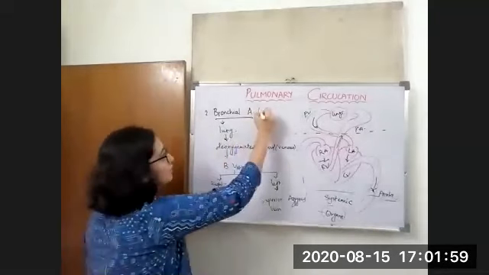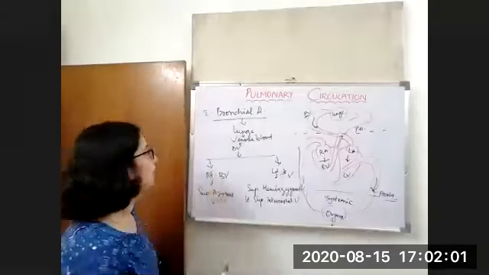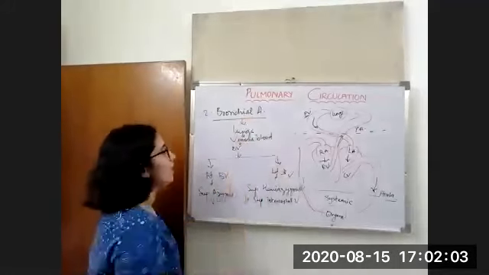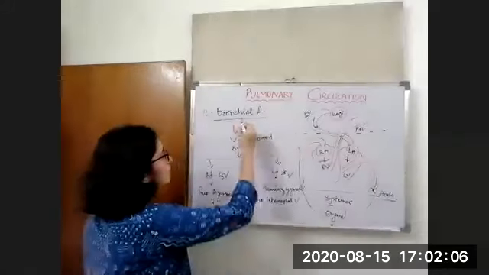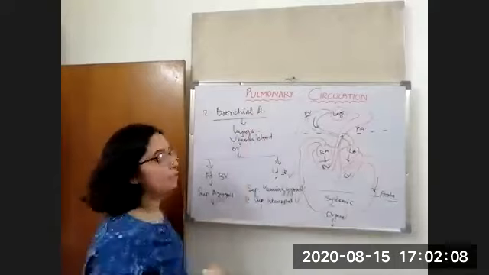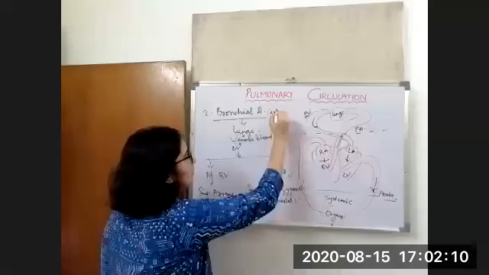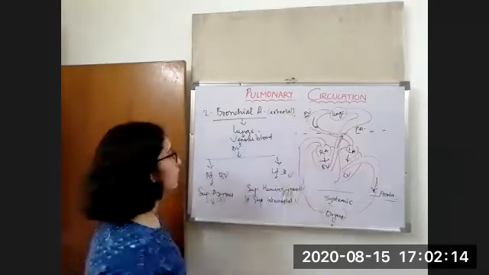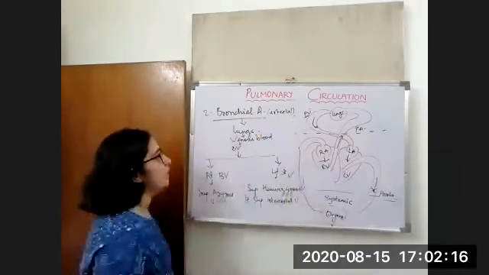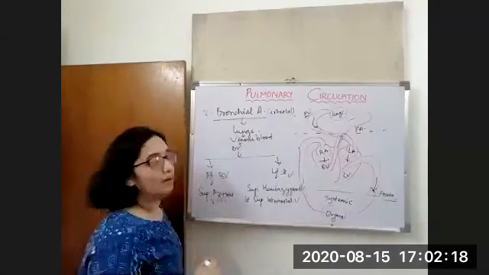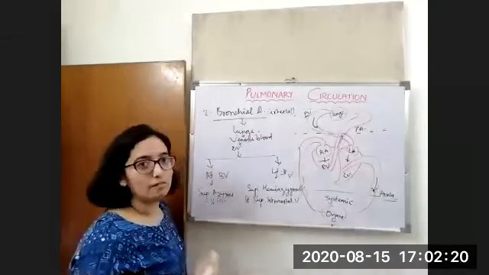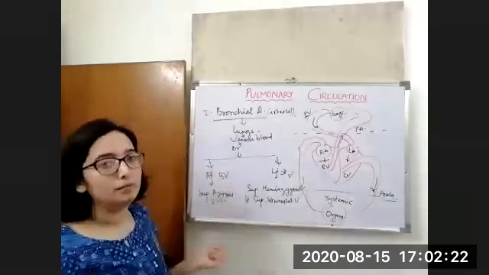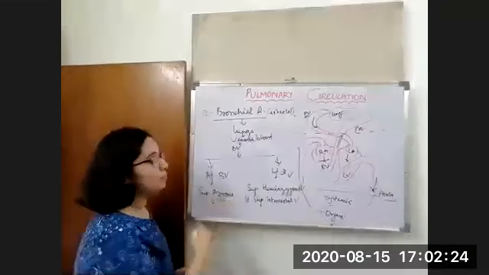So I will explain this part again. The bronchial artery provides oxygenated blood to the lungs. Oxygenated means arterial blood. So the bronchial artery provides arterial blood to the lungs. We saw that is your lung stroma, the visceral pleura, the connective tissue, and the bronchi.